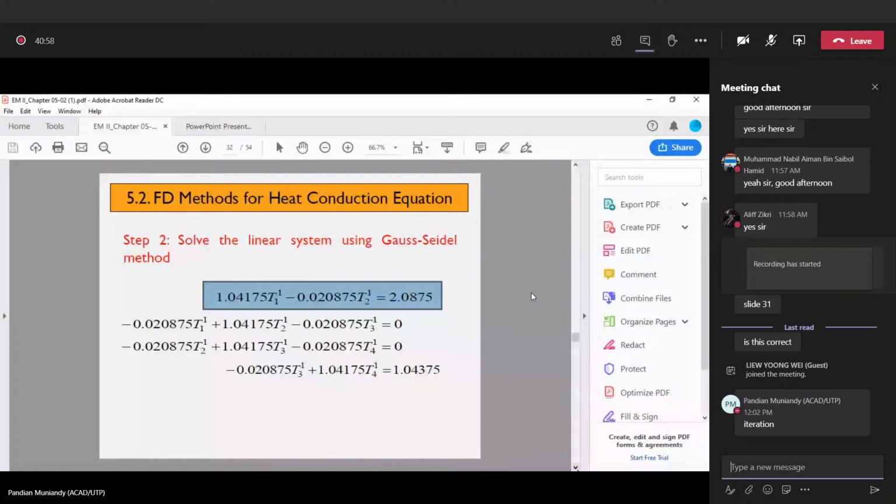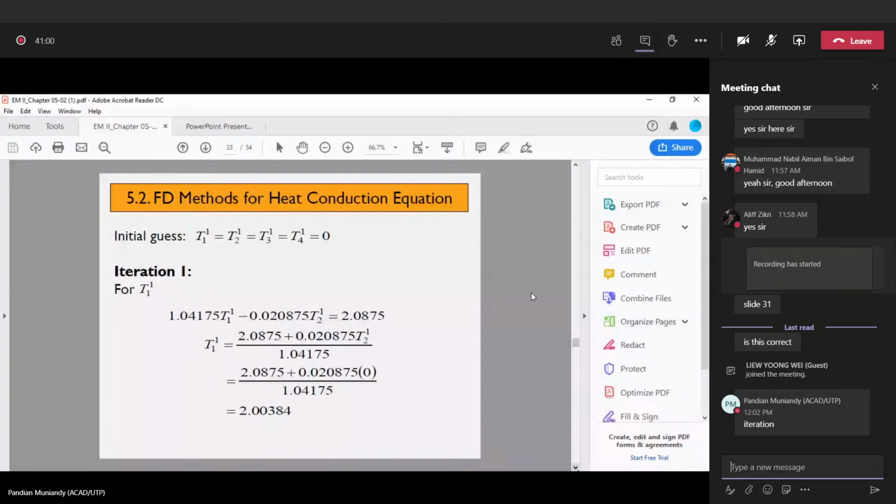But the first value is T1 superscript 1. This one you want to find. In iteration 1, you cannot find T2 first. No, T1 first, because this is the order. This is the initial one, but iteration 1, you are starting now. Next, what is the next value for T1? So the T1 is here.